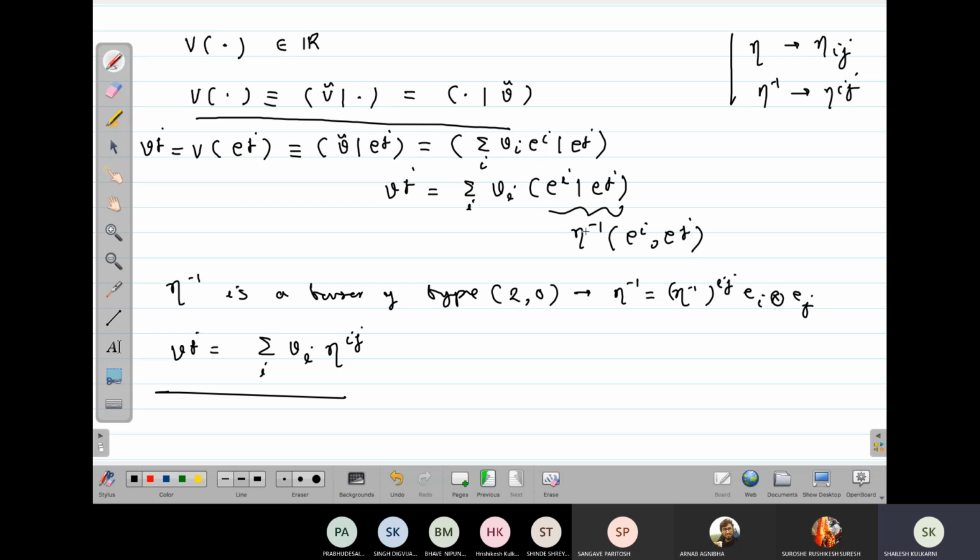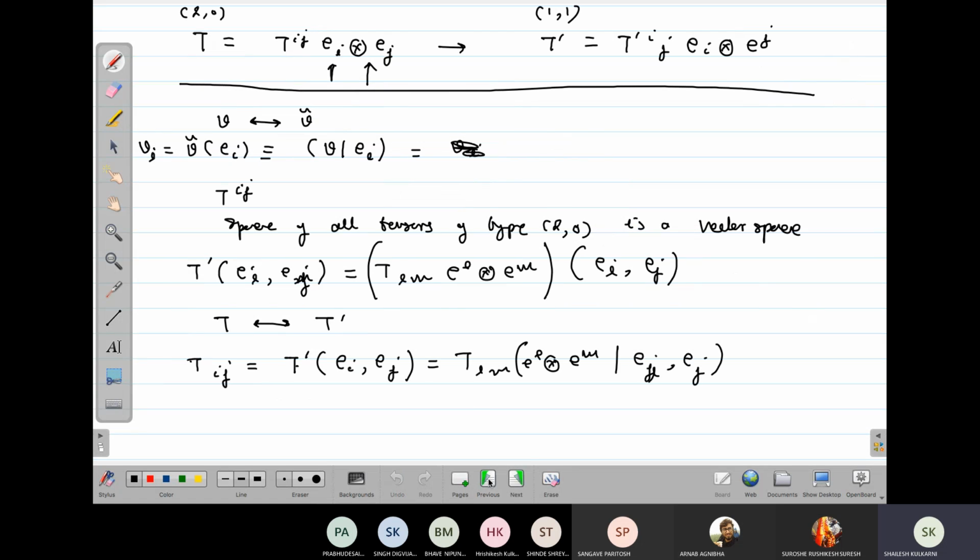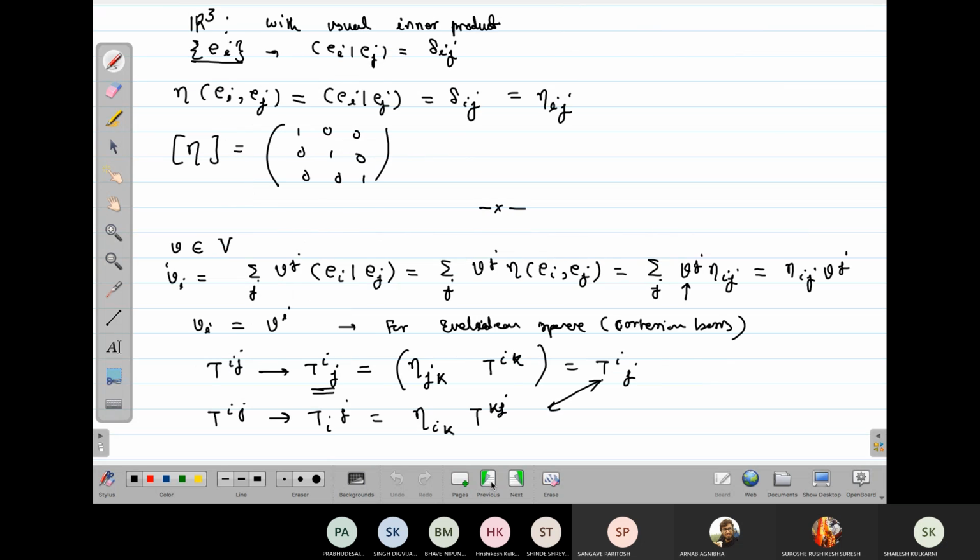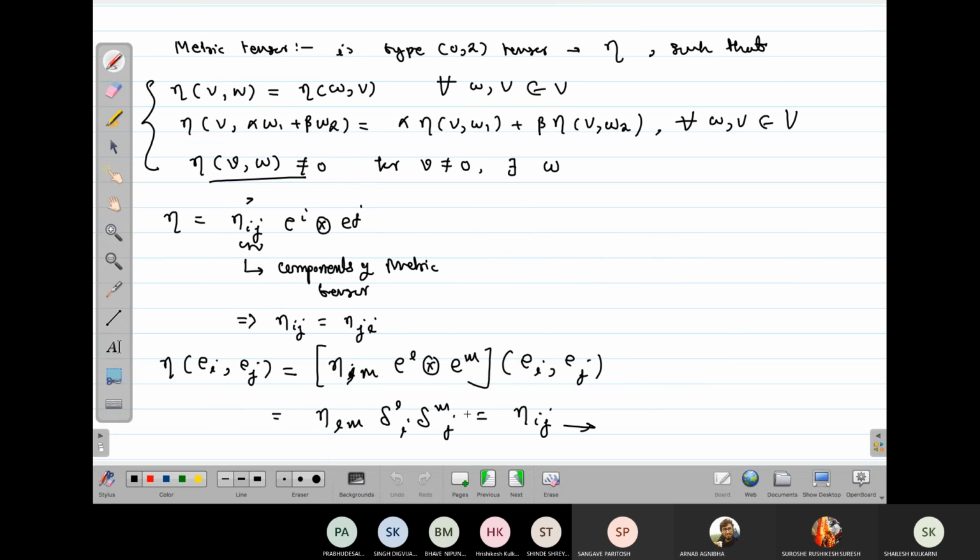I could have said this is a completely different tensor, but this is not any arbitrary tensor. Once you define eta for a given vector space, then corresponding eta is your 0 2 tensor, and the corresponding 2 0 tensor is already fixed.